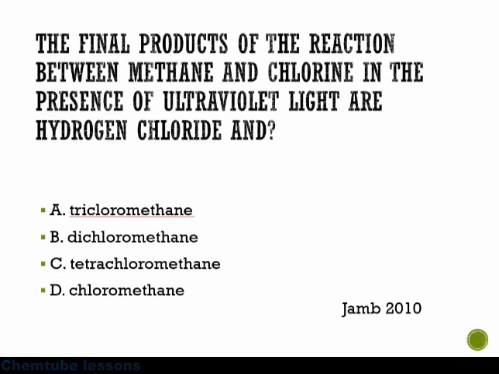All right, the final products of the reaction between methane and chlorine in the presence of ultraviolet light are hydrogen chloride. And so this reaction is a very common reaction among alkanes, which is called a substitution reaction.